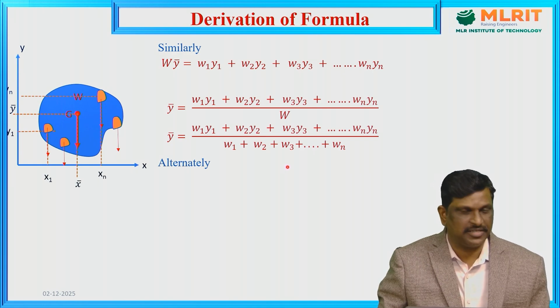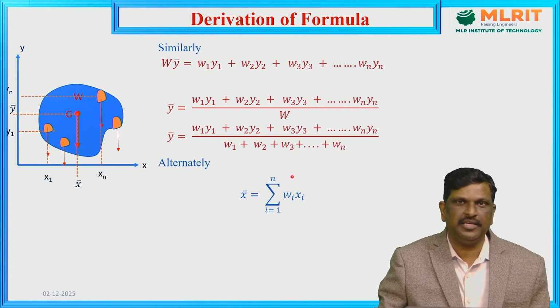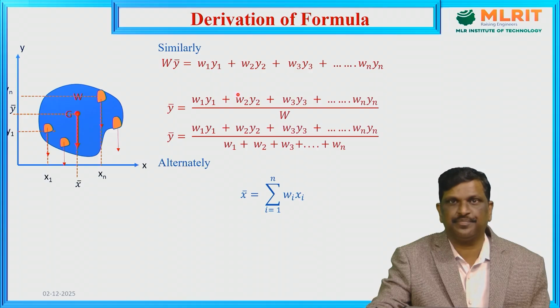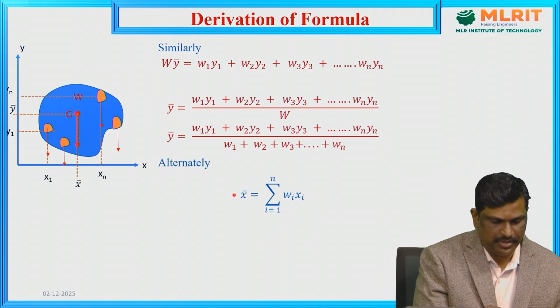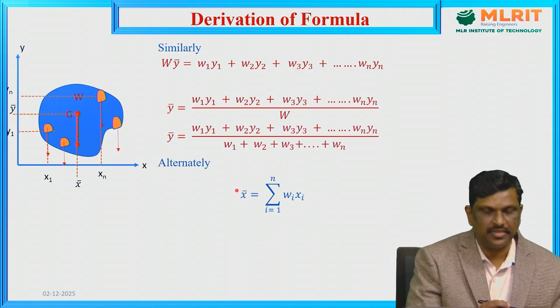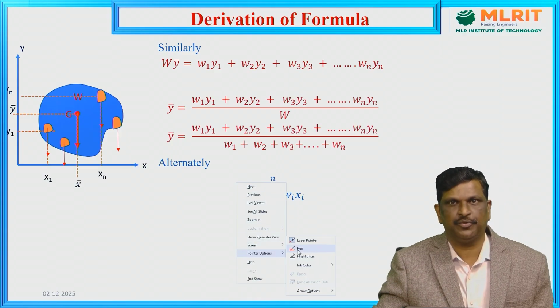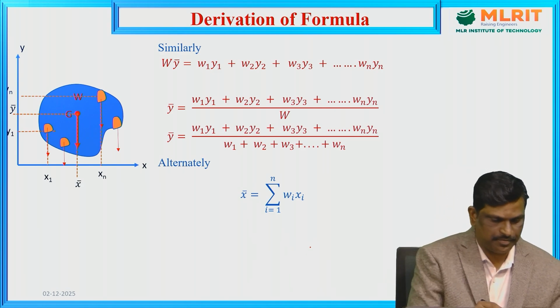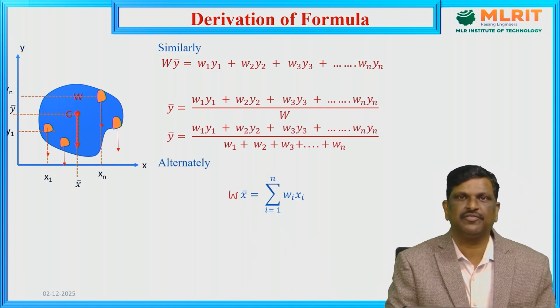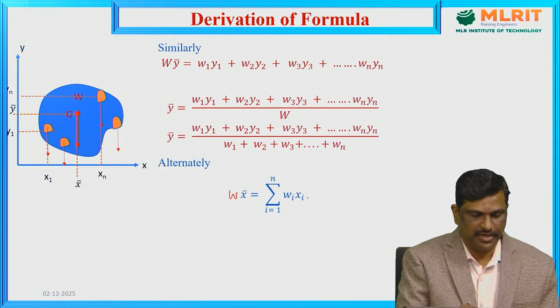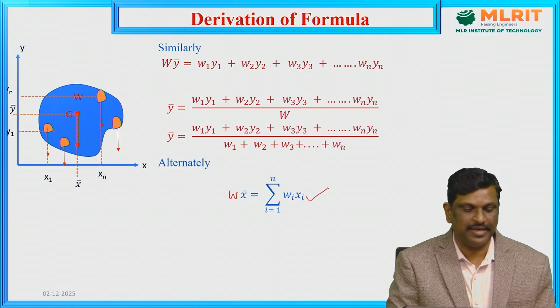Alternately, these equations can be written as x bar is equal to sigma i equal to 1 to n of wi xi, divided by W. Here the equation is W x bar is equal to the algebraic sum of individual moments, sigma wi xi.